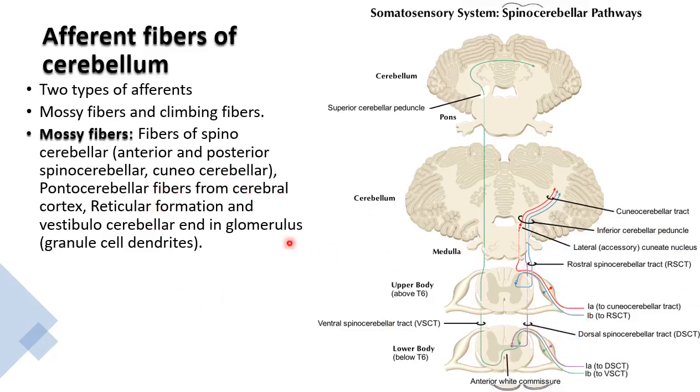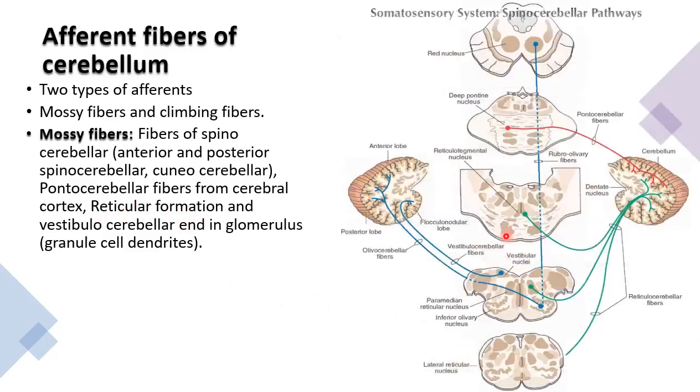Apart from that, there are fibers from the reticular formation, which is distributed throughout the length of the brainstem. You have the raphe nucleus and the medial and lateral nuclei. So reticular formation and fibers from the vestibular nucleus. Here you are able to see that the fibers from the vestibular nucleus end in the glomerulus.